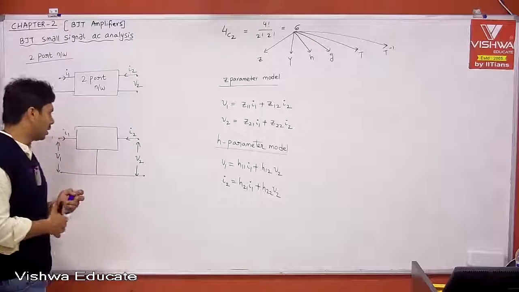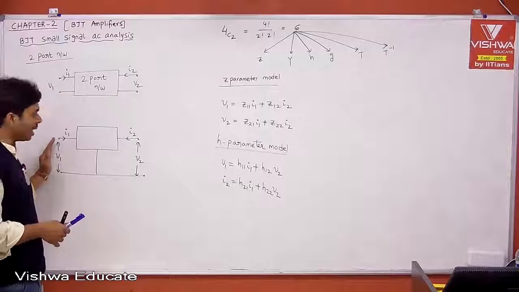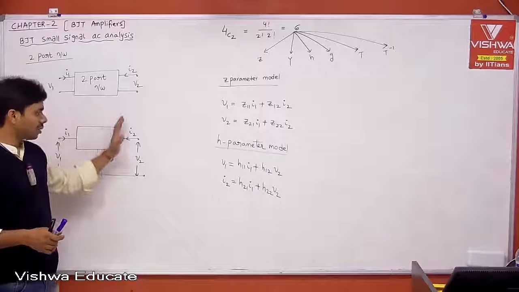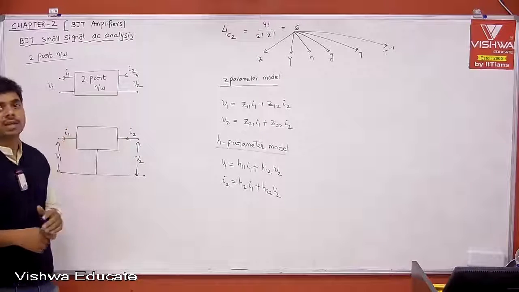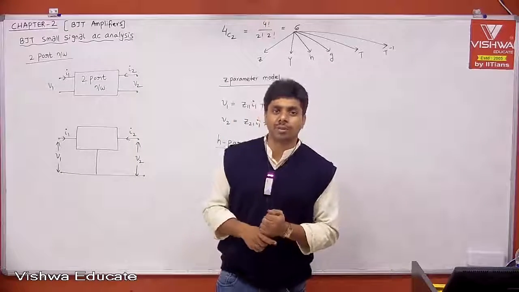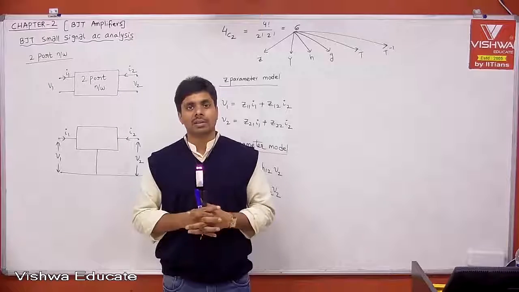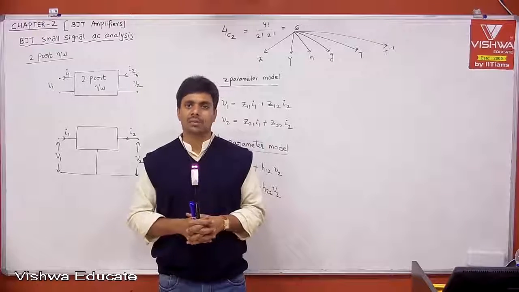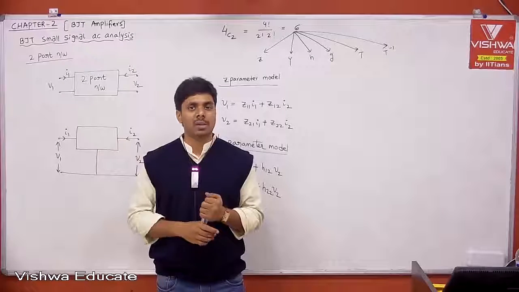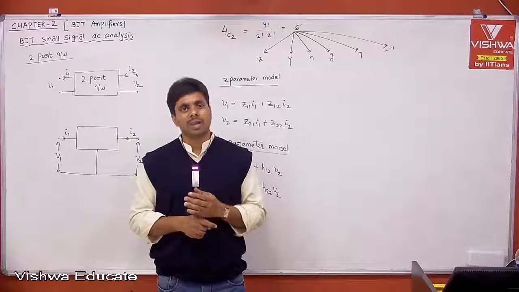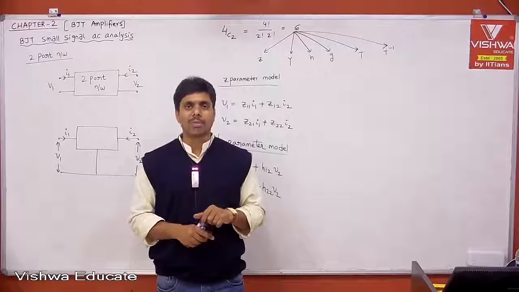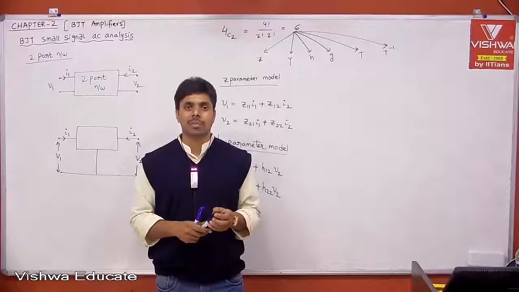Therefore, we are able to see input impedance, output admittance or output impedance, forward current gain, and reverse voltage gain. For any amplifier, in the introduction class I told you, under AC analysis we are looking for some AC parameters. Out of 23 AC parameters with respect to op amp, we are mainly concentrating on 4 parameters for BJT and MOSFET amplifiers.